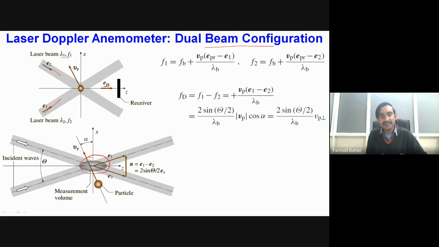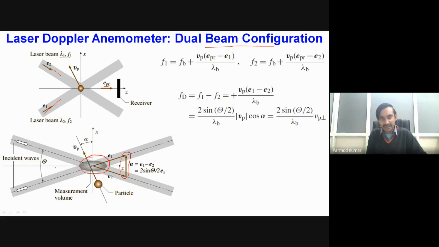So we are considering that E1 and E2 are the directions in which our light waves are initially incident, and finally in this particular direction we are locating our receiver. If you see over here, we have this normal direction n, which is equal to E1 minus E2.